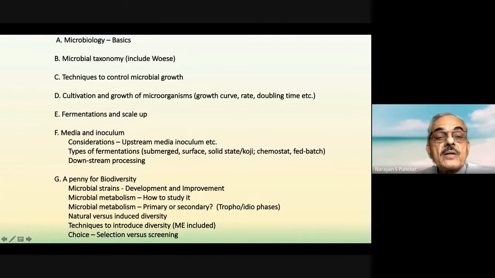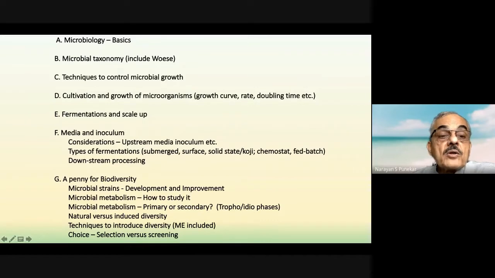Fermentation and scale-up. We'll try to go through this in a very straightforward manner so that you can go back and read from the books. But most of the time, I just want to make sure we spend time on the logic of it rather than on just description of it. I'll share the slides so that you don't have to waste time taking down notes. You can really participate in the discussion more frequently.